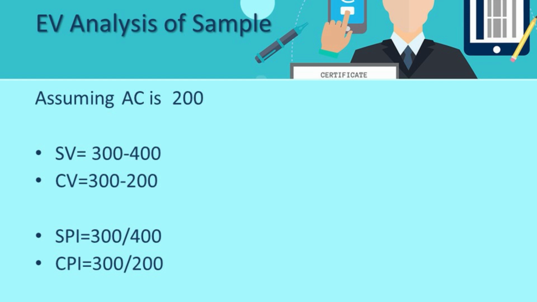That means the work is getting done at the rate of 75% of the plan. Cost Performance Index is 300 by 200, that is 1.5. That means for every dollar you spent, you got 1.5 times worth of work done, or 50% more work is done.